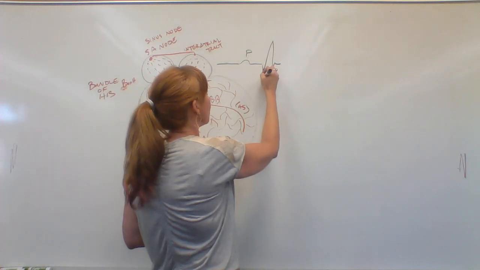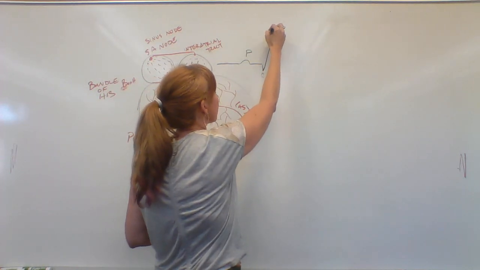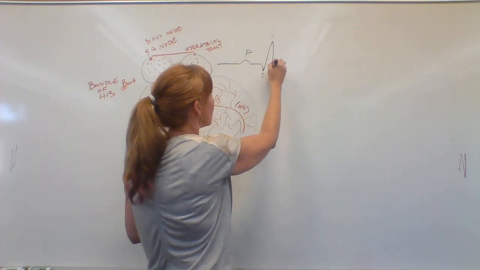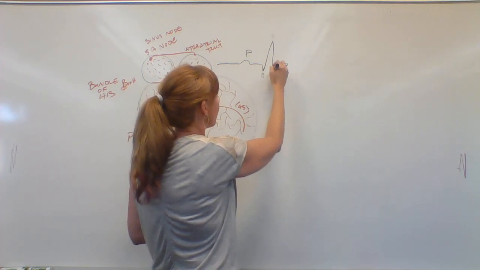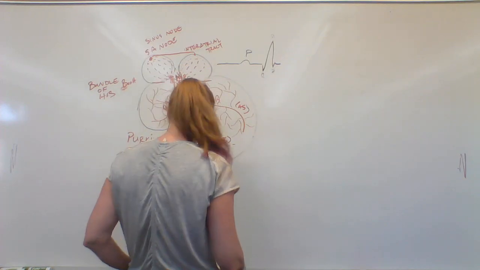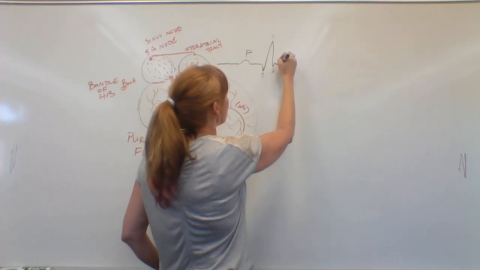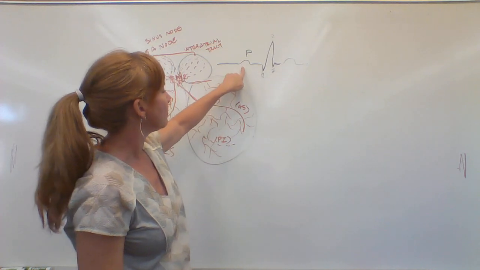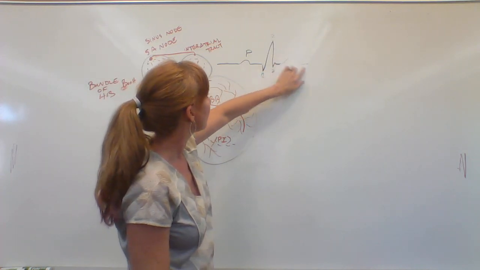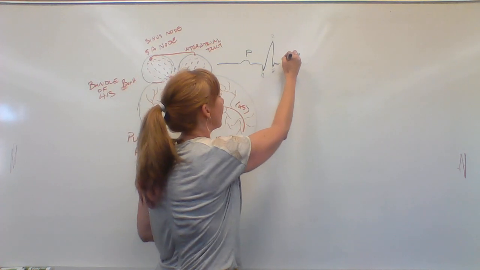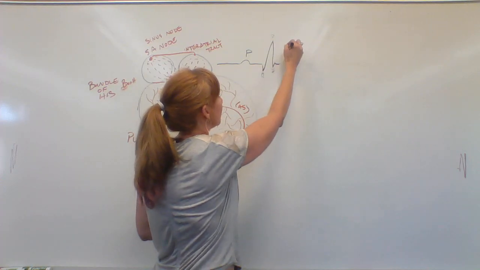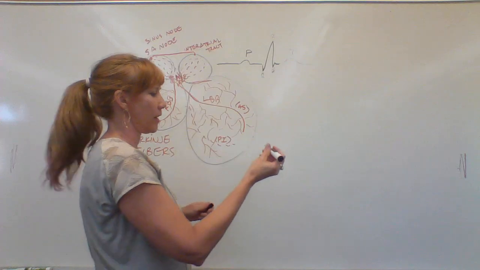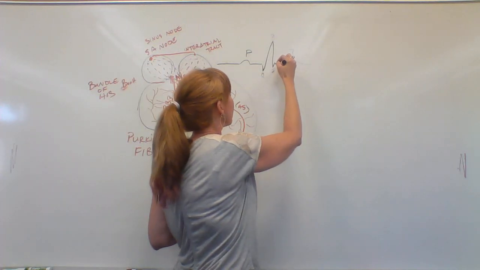So this is our QRS. And we will talk about these more, but this is just a little overview. And then when they reset, it's bigger than a P, and it downslopes a little in the back, and that's a T wave. My marker's failing me.